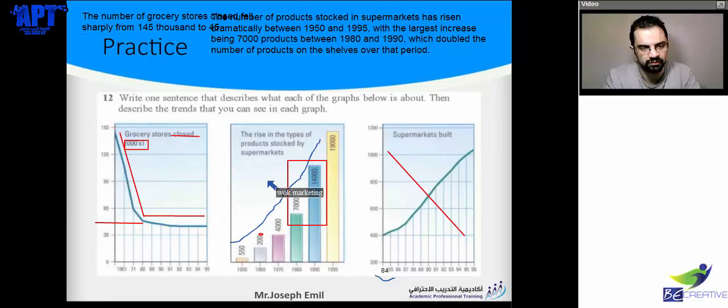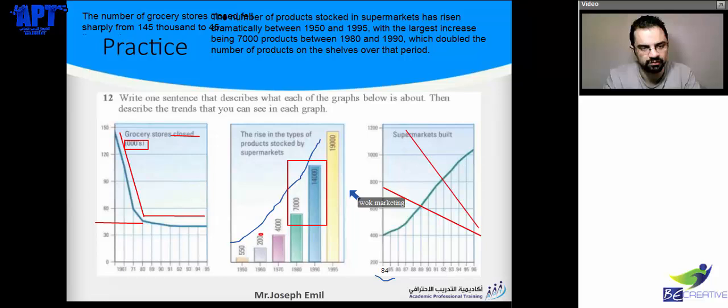Here, 84, and the rise is dramatic here, or steady, but you can notice here that there is an increase in the rising trend. First, it was going like this. If we trace this line, it will be something like this. But suddenly, it had risen to be something much steeper.